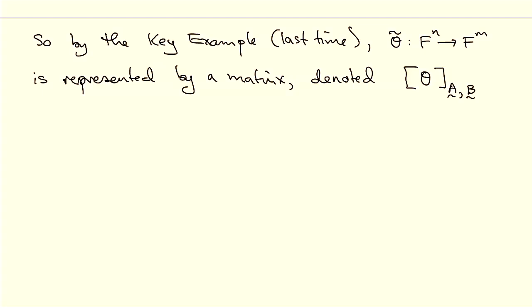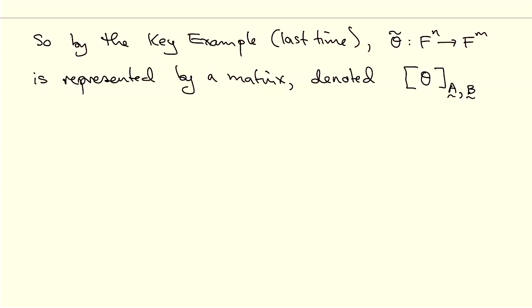And at this stage, pay attention to where the A's and B's go here. Remember when we had a matrix that was an M by N? That was a map from Fn to Fm. There's a bit of a backwardsness in the way you read the indices, the subscripts down the bottom.